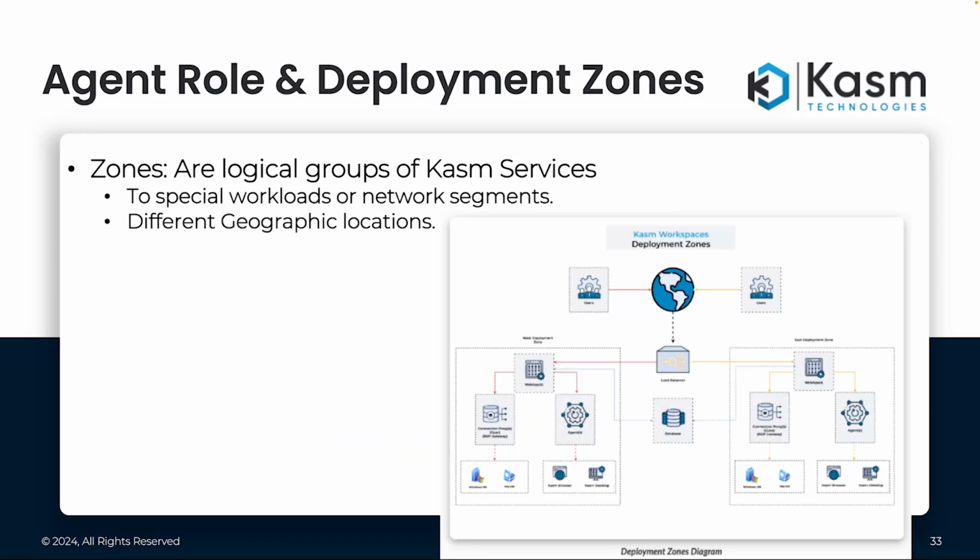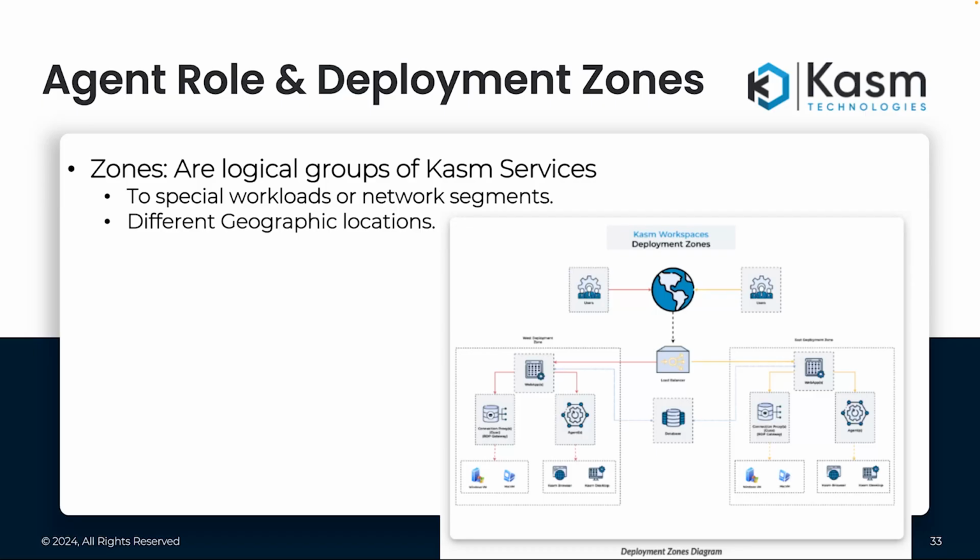So stepping forward, we start talking about agent roles and deployment zones. Deployment zones are basically just groupings of resources, okay? These could be specialized workloads. So if we were doing AI development, or you had some machines with specific graphic cards or something along those lines, that might be a specific zone for you.